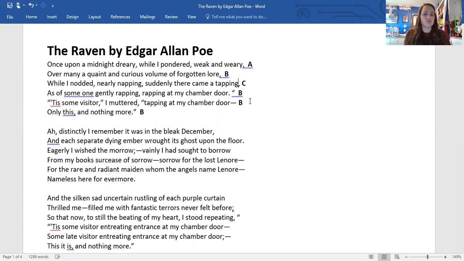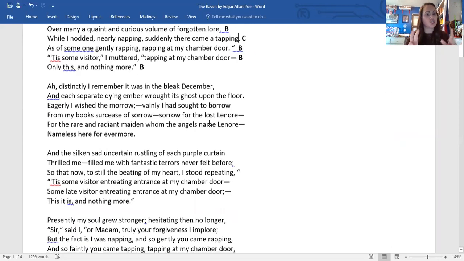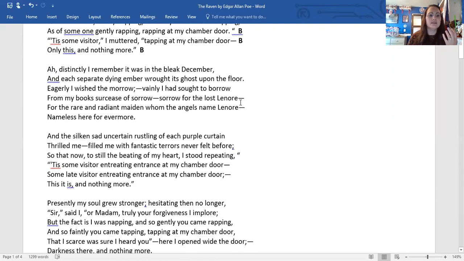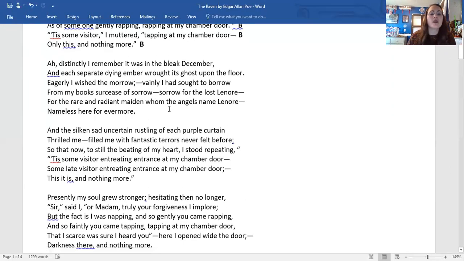So it's very musical. So here we're in his chamber, in his room in December. Again, this is the exposition here. And it's developing kind of the conflict here with this internal conflict, him losing his loved one, Lenore. And he's thinking that she's never going to return.